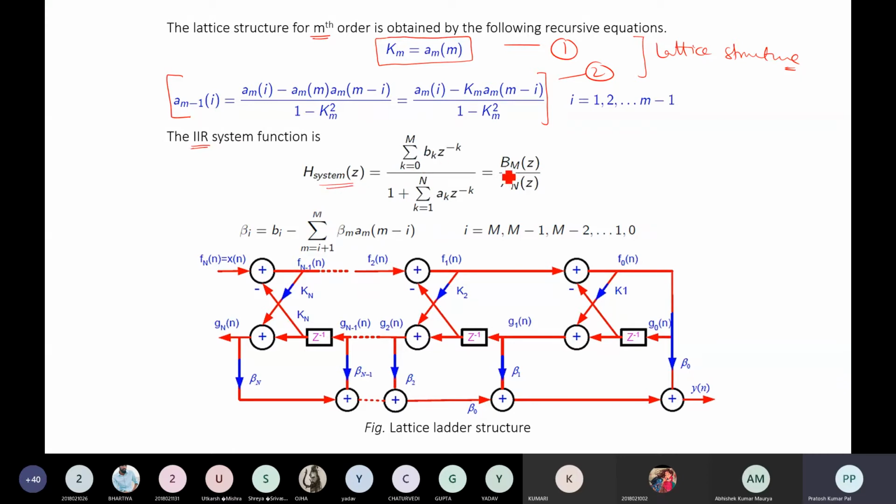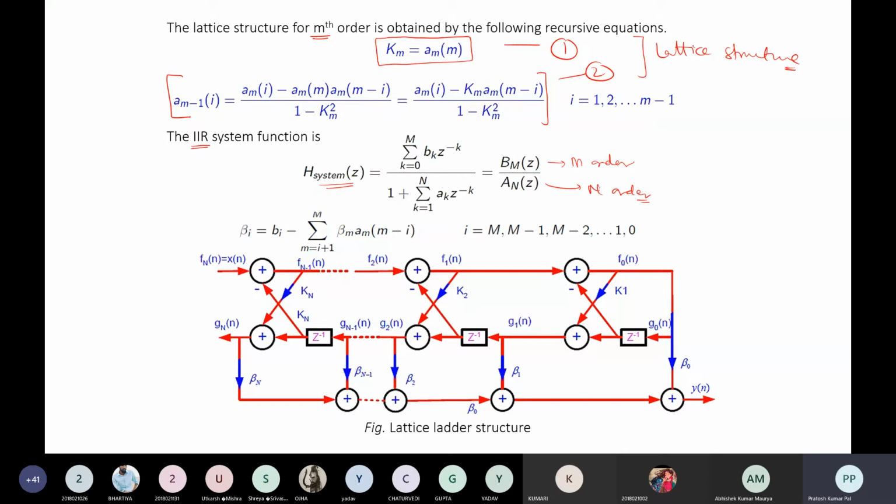So here it is observed that the numerator polynomial is considered to be bm of z, and the denominator polynomial is considered to be an of z. So this m represents that it is of m order, and that is of n order. Two different orders can be possible in case of IIR filter. Okay, so numerator and denominator can have different orders.